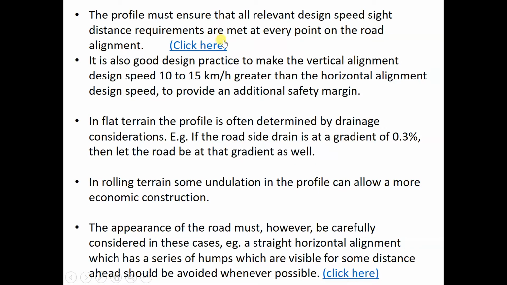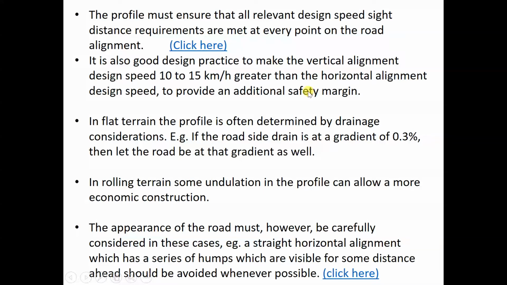The profile must ensure that all relevant design speed and sight distance requirements are met at every point of the road alignment. So whether the road is designed for 80k or 100k or now even 110 km/h, both the horizontal alignment and vertical alignment need to meet the sight distance requirement.